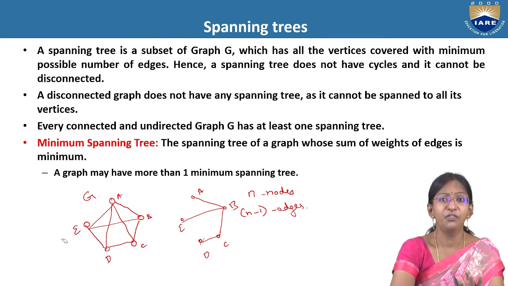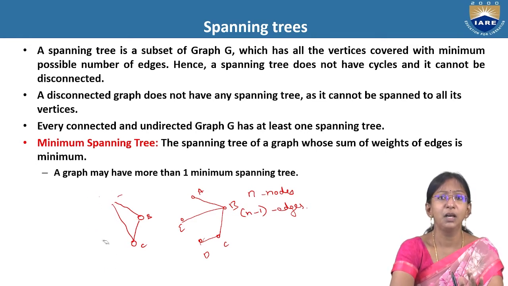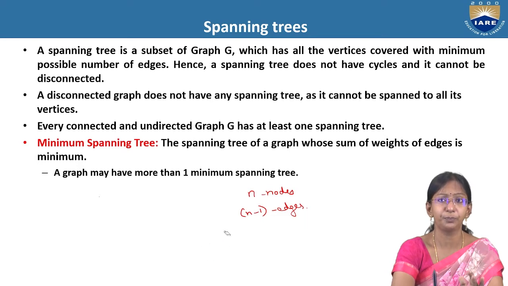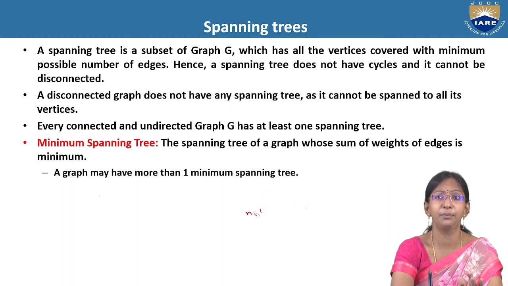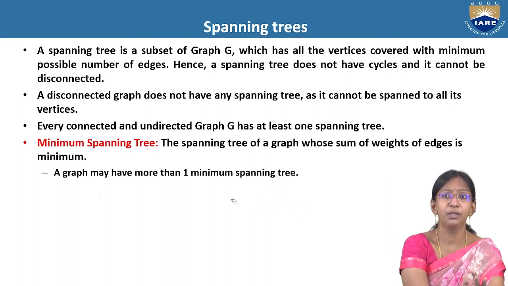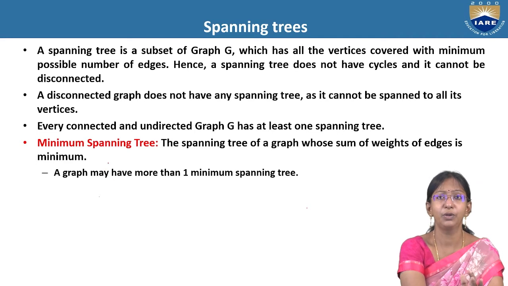A variation of this spanning tree is the minimum spanning tree. When we talk about a minimum spanning tree or minimum weighted spanning tree, it means we are talking about a connected, weighted, undirected graph. Please remember these 3 points when we talk about a minimum spanning tree.